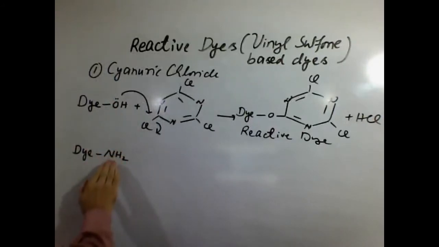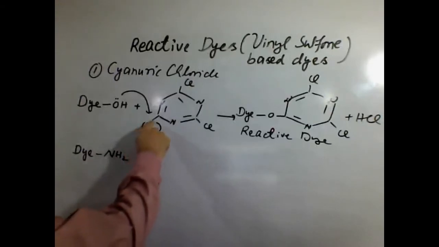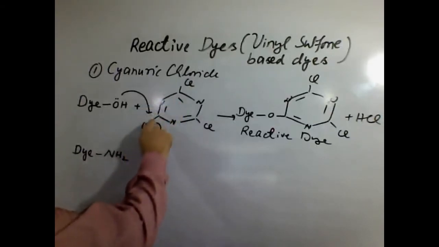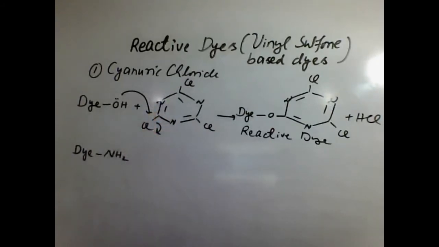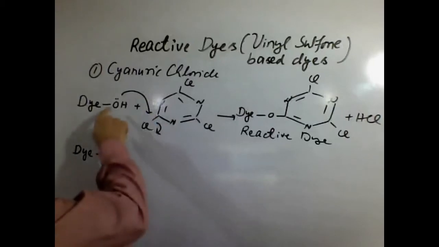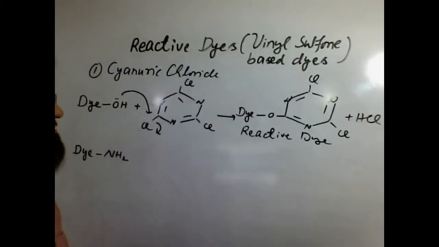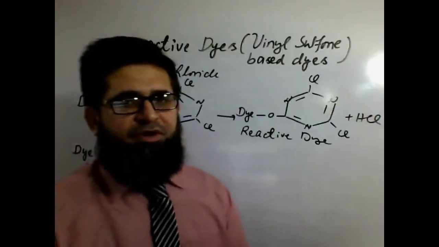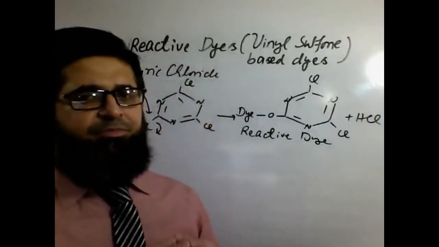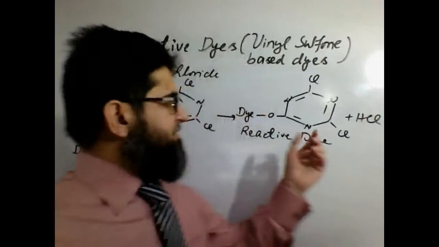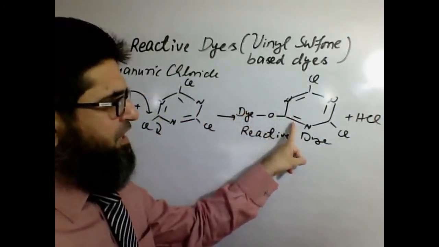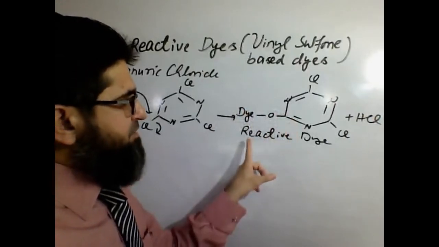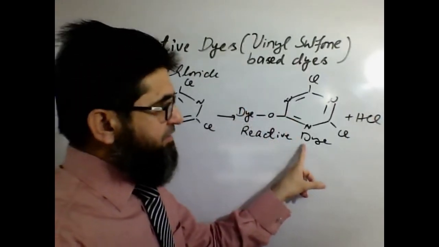If some dyes carry amines, then one of the chlorides from the triazine is replaced by the group on the dye as a result of a nucleophilic substitution reaction, producing this sort of structure where the dye has been connected with cyanuric fluoride, and this will be called a reactive dye.